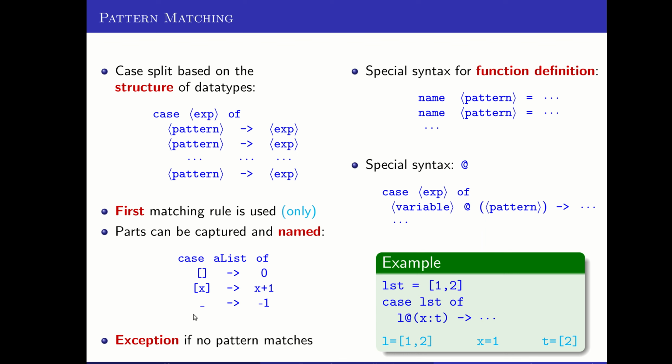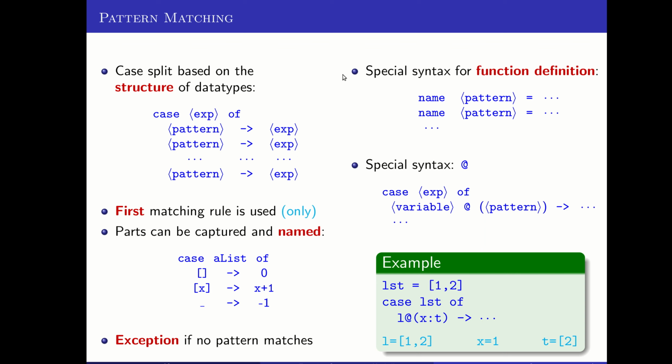We will get exceptions at runtime if no pattern matches a particular situation that we've been given. And we'll see a few examples of that where there weren't enough patterns written to handle all possibilities, and therefore we'll get some exceptions.